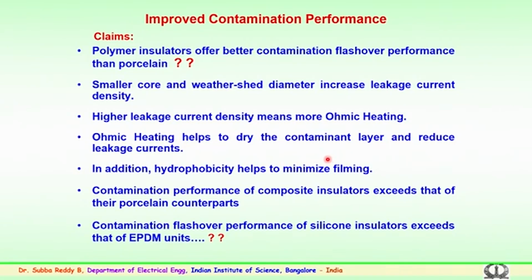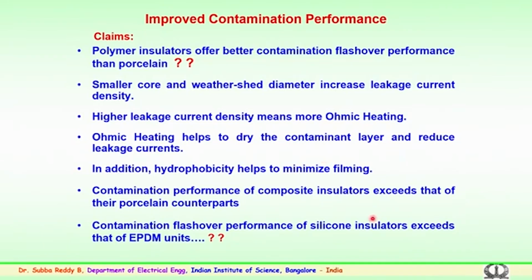So, this is one of the very important aspects when using polymer type of insulator, where hydrophobicity, the property of the surface of the polymer insulator, tries to repel the water and sees that it has better leakage current density and that the contamination layer and the leakage current are reduced, which helps in the better performance of flashover, particularly in polluted or contaminated areas.